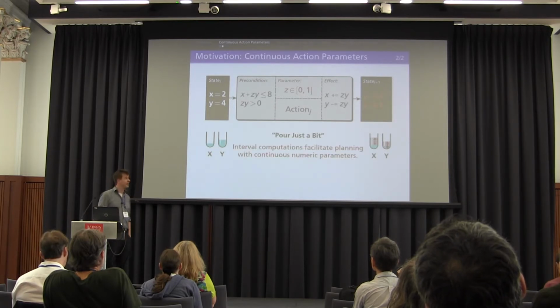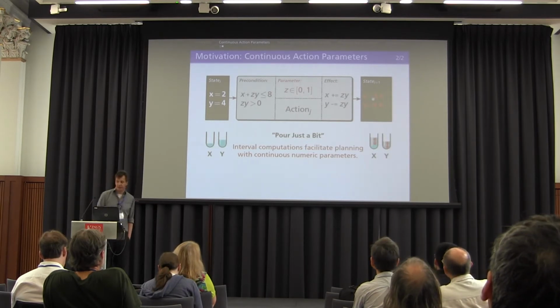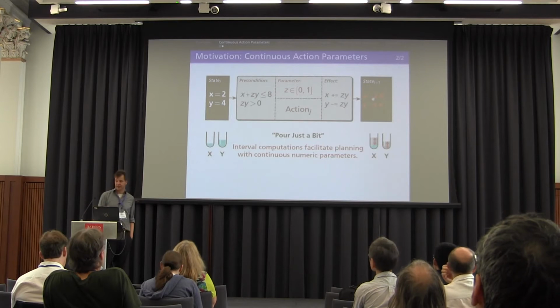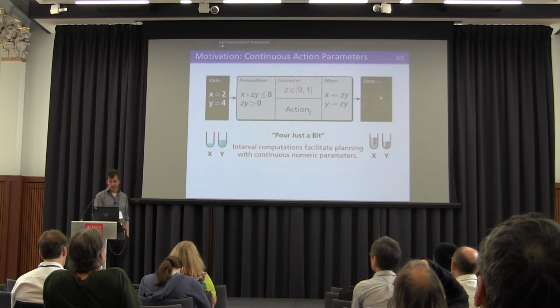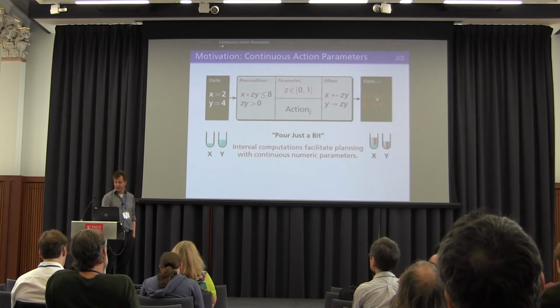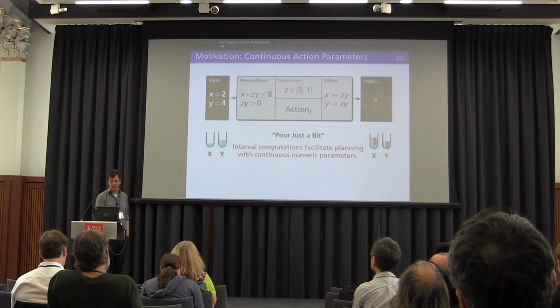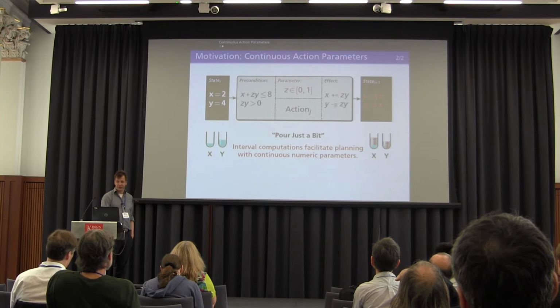This will have some effects on the next states, which we usually cannot exactly know, but only in some intervals. And x is between 2 and 6, and y is in between 0 and 4, according to these effects.